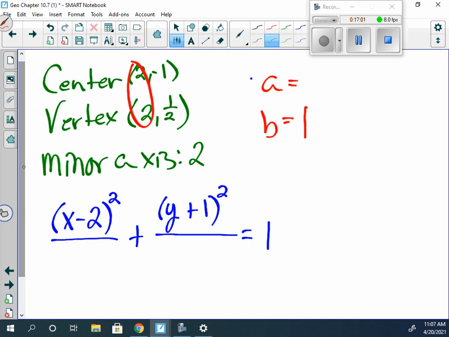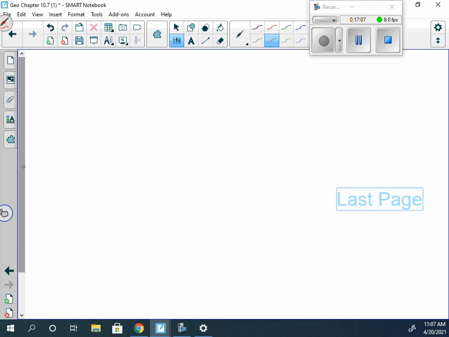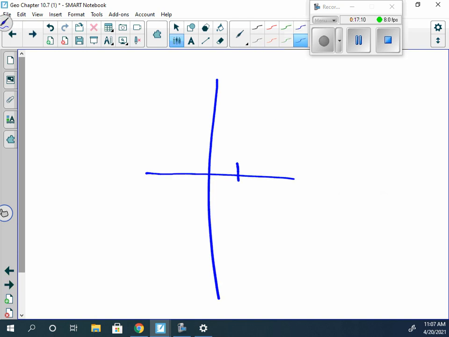But if we were to picture it on an actual graph, we're over at 2, -1 down here. Draw a point, because this is where we said the center was. Now, our point for the vertex is at 2, 1/2. So that means it's going this way, so the major is along the y-axis. Does that kind of make sense? So sometimes it's good to picture it in your head and draw it out.